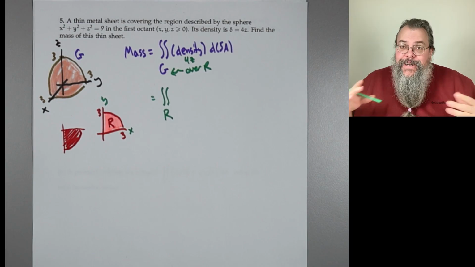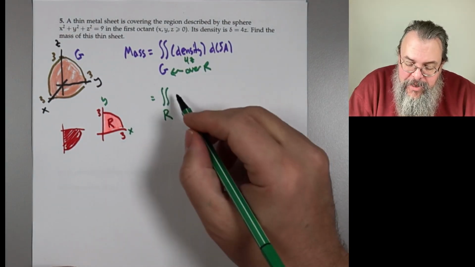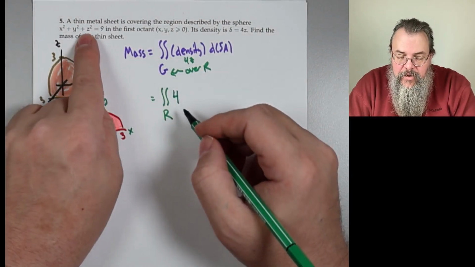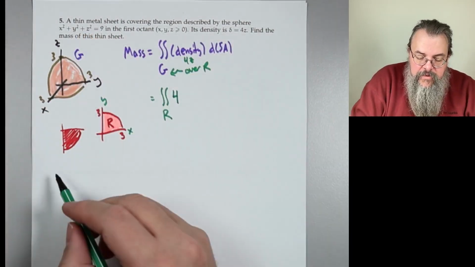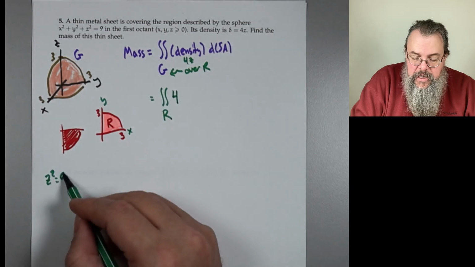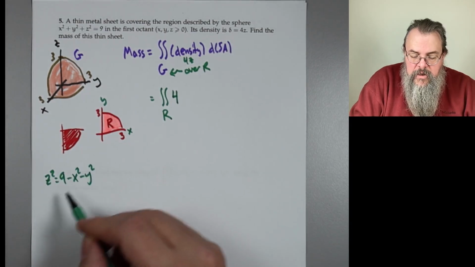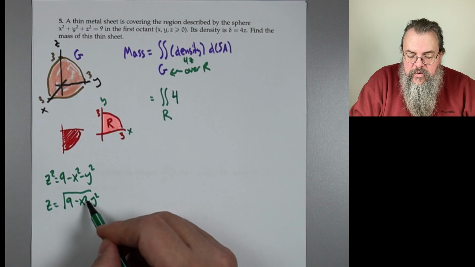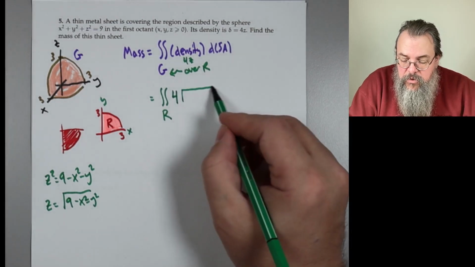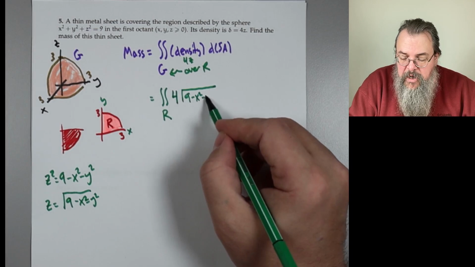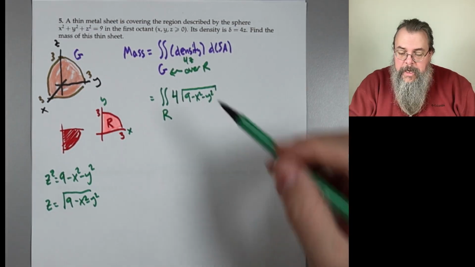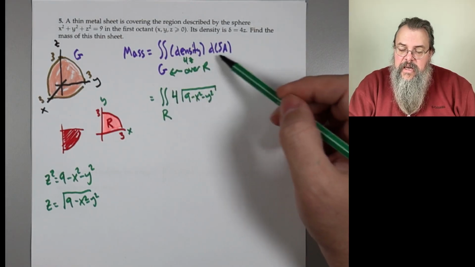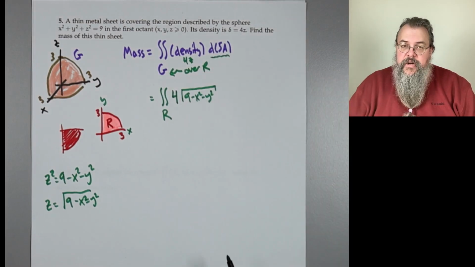Well, because that's not an x or a y. So you say, okay, what can we put? Well, what we can put is what z is. Notice we have that z squared is equal to 9 minus x squared minus y squared. So z is the square root of 9 minus x squared minus y squared. So 4 square root 9 minus x squared minus y squared. Okay, so that's your density.